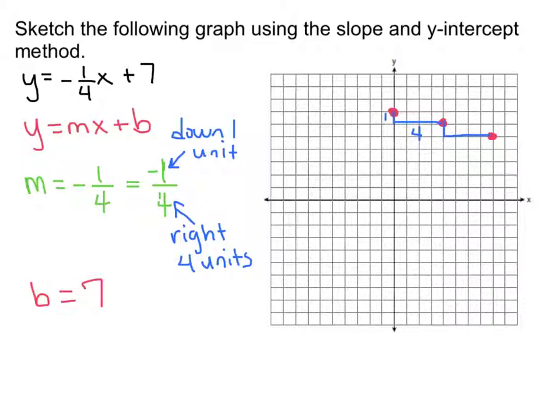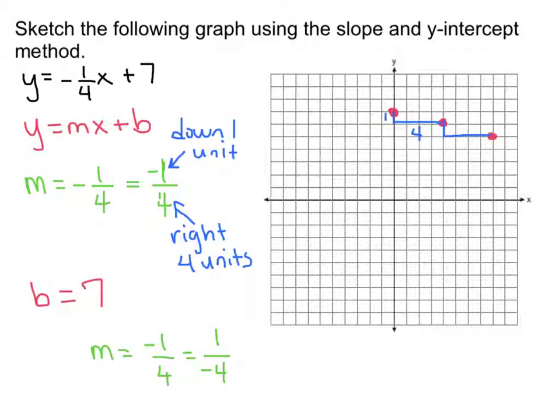A lot of times I can often use the other way, starting from the y-intercept as well. If we remember that our slope was -1/4, where we put the negative sign in the numerator, that also means the same thing as having the negative sign in the denominator, but that gives us a different set of directions.